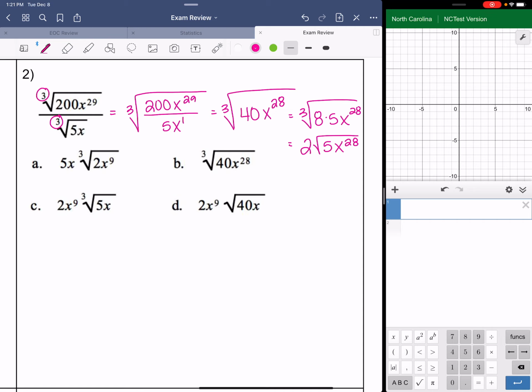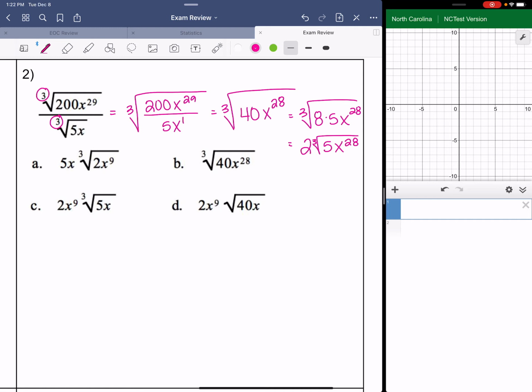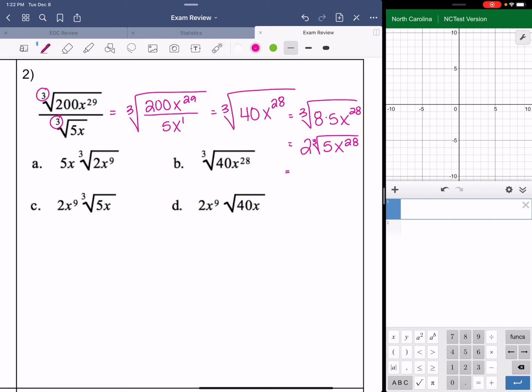All right, well now x to the 28th power, when you're taking out, I forgot to write my root there. When you're taking out a root of x to the 28th power, what you're going to do is divide that by 3 and see how many you have left over. So 28 divided by 3, well, 27 is divisible by 3, right?